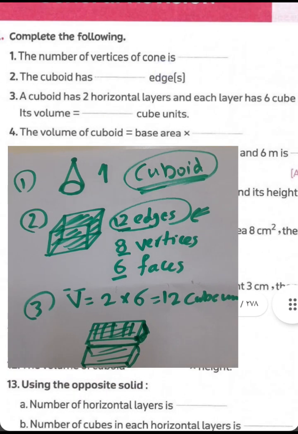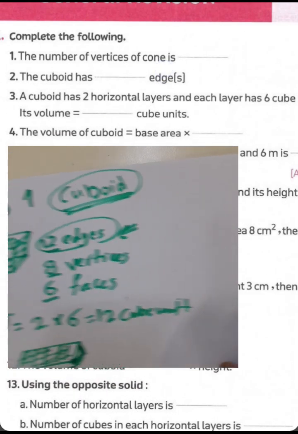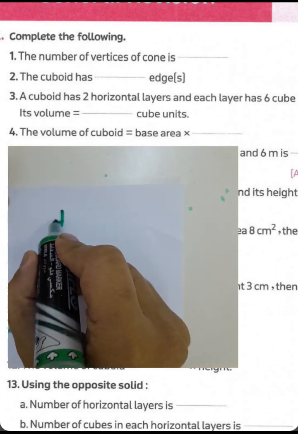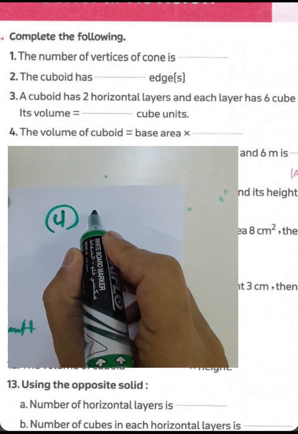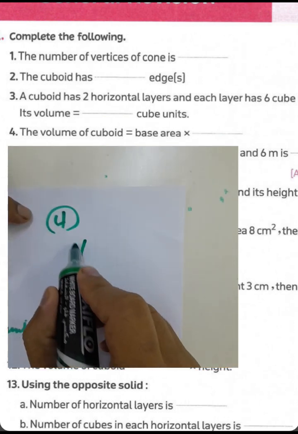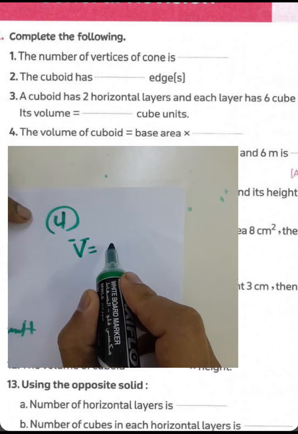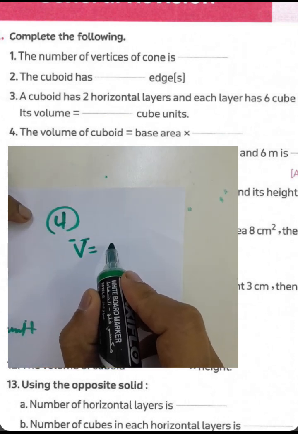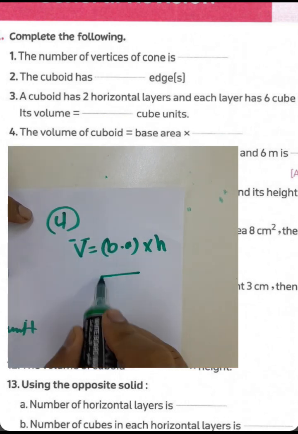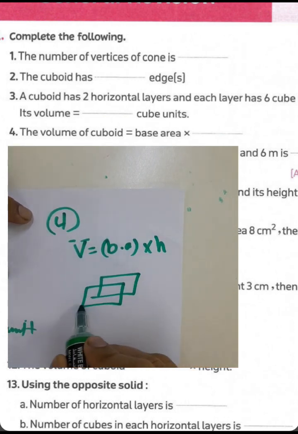Question number 4. The volume of a cuboid equals base area times the height. We can write in the space: height. What about this rule? We know the volume equals the base area multiplied by the height. This is the cuboid.